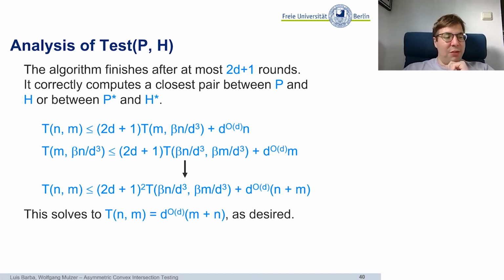Maybe one more thing. I didn't put it on the slides, but there also exists the so-called implicit LP-type framework by Chan. The way I described it, it may seem that our algorithm is the only one that achieves this kind of running time, but this is not true.